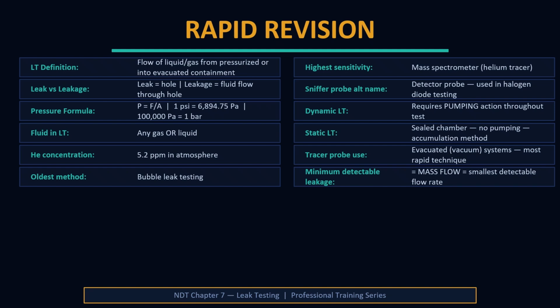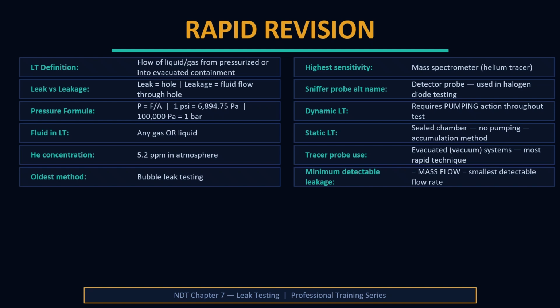Preferred tracer gas? Helium. Atmospheric helium concentration? Approximately 5.2 parts per million. Pressure change testing can do what? Detect leakage. Can it locate leakage? No. Static testing? No pumping. Dynamic testing?